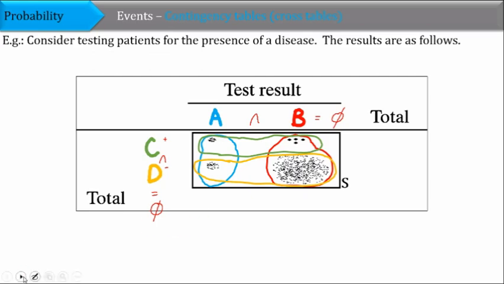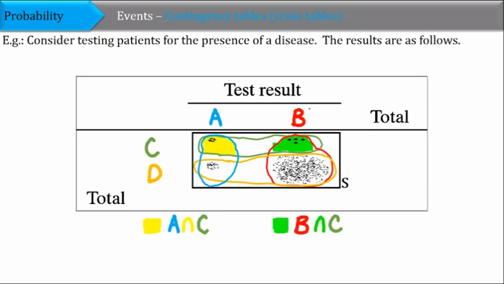However, if we look at A intersection C, then it's this yellow area over here, because you can have somebody that tested positive and has the disease. The same with the others. You can have somebody that tested negative and that has the disease. So this is not empty.